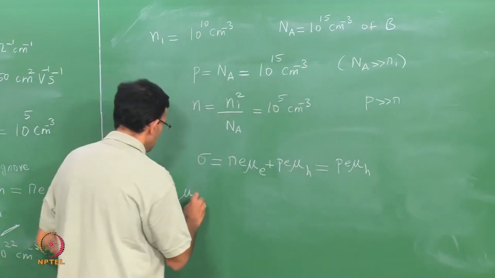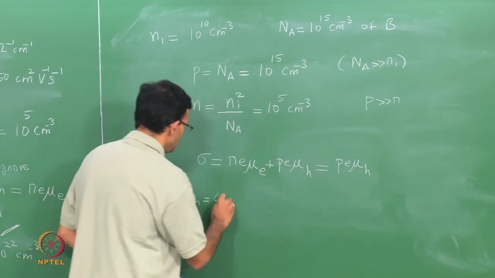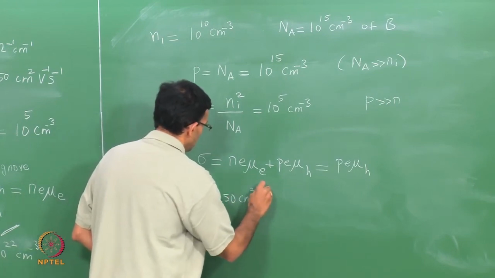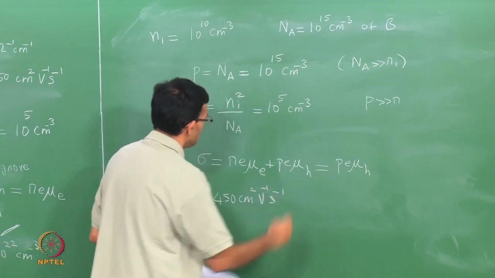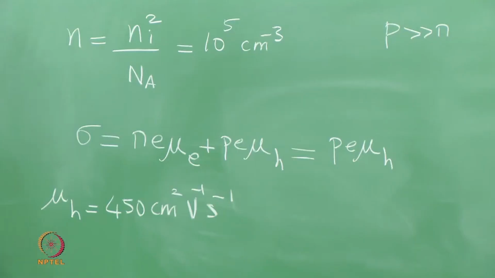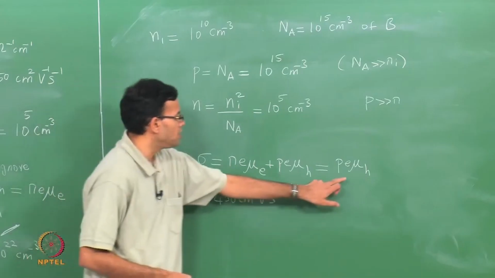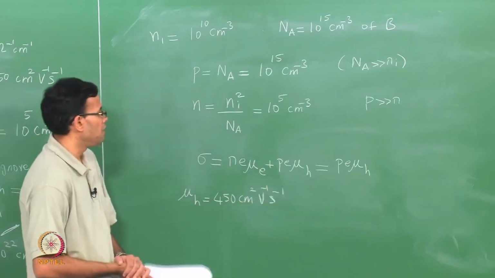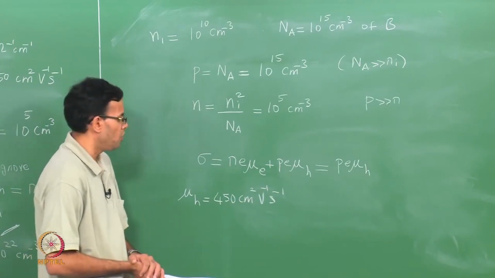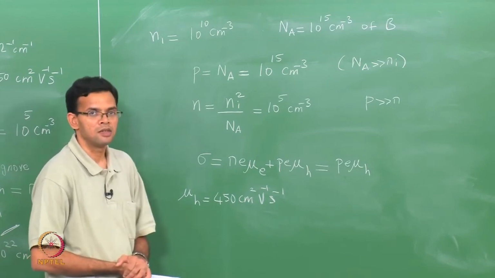In the case of silicon, mu H is around 450 centimeter square per volt per second. So, the conductivity will be slightly lower than that of an N type dopant because of the difference in mobilities, but it will still be 5 orders of magnitude higher than the conductivity of intrinsic silicon.